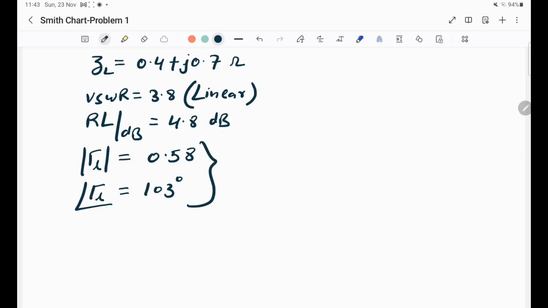Therefore, using these two, you can say that the load reflection coefficient is 0.58 at an angle of 103 degrees in polar form.